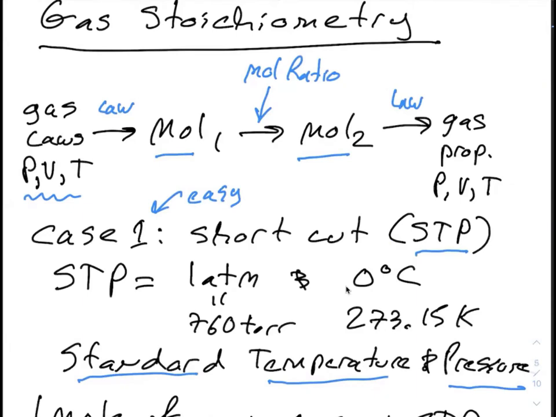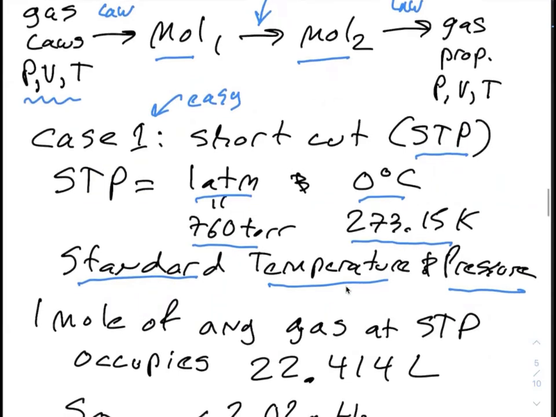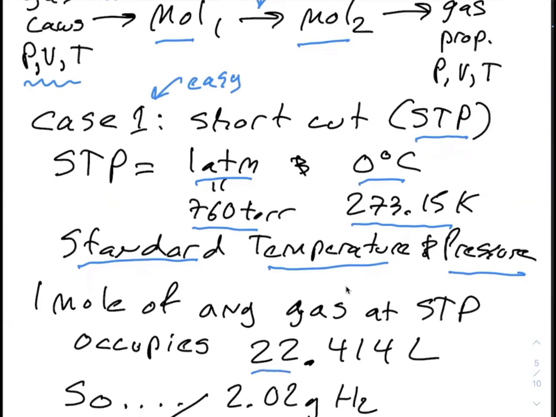And so standard temperature and pressure is defined as 1 atmosphere and 273.15 Kelvin, which is also 0 degrees Celsius, and 760 torr, because those are equivalent. If you're at STP, 1 mole of any gas at STP occupies 22.4 liters. This is too many sig figs.